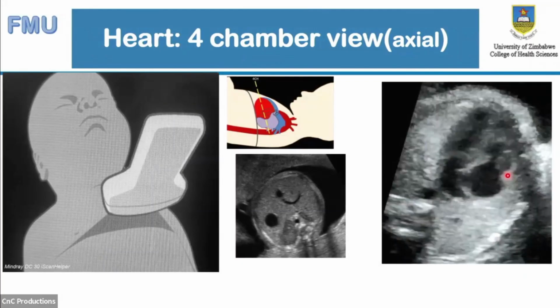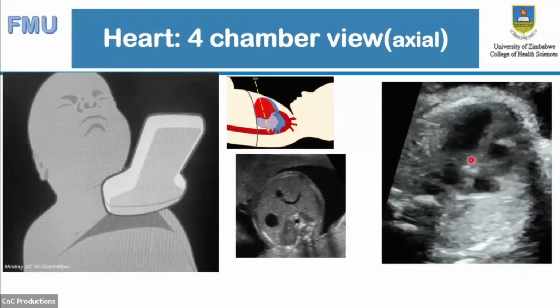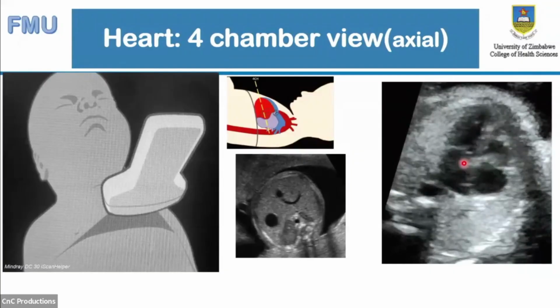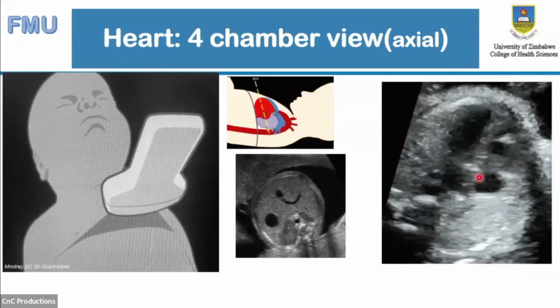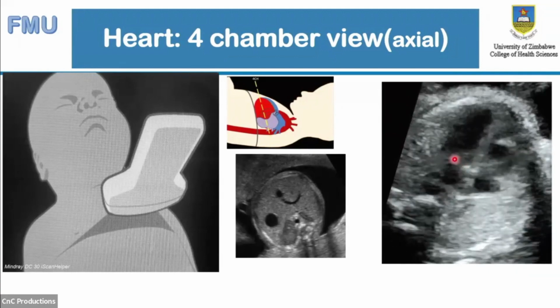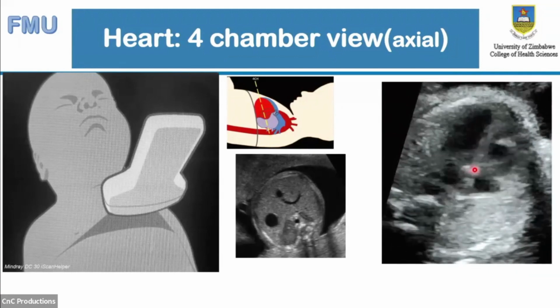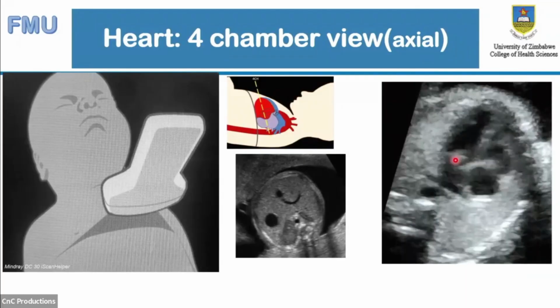Then we also have to see the tricuspid valve that is freely moving and the bicuspid valve that is also freely moving. The position at which the tricuspid valve is set should be more apical than the offset of the bicuspid valve. So they shouldn't be at the same level where they offset.